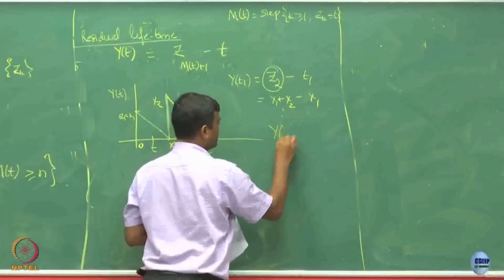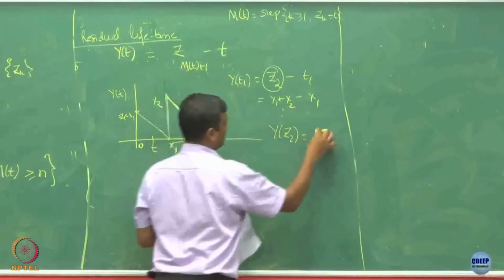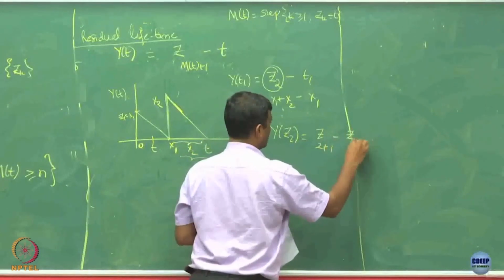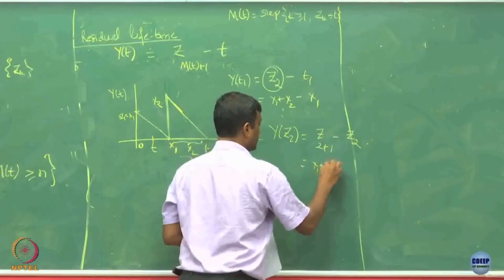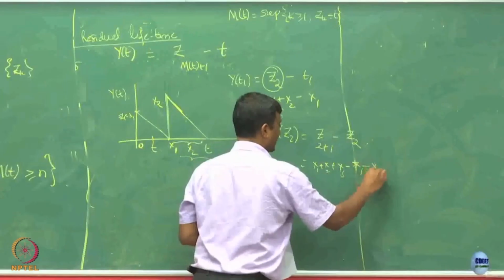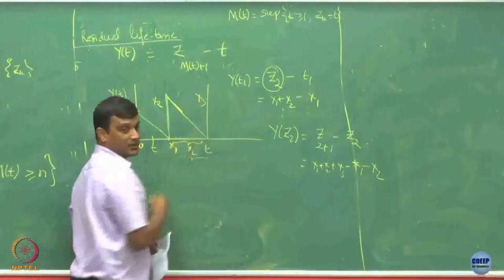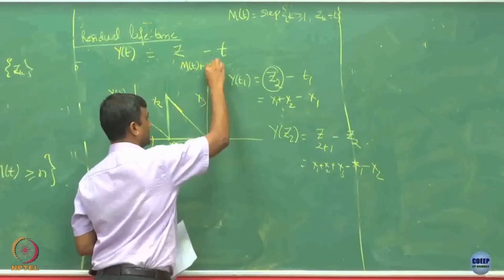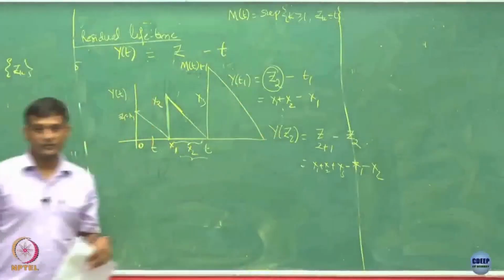So at time Z2, this becomes Z3 minus Z2, which is X1 plus X2 plus X3 minus X1 minus X2. So suddenly here there is an X3 jump, and then it is going to go down to 0. So like that.